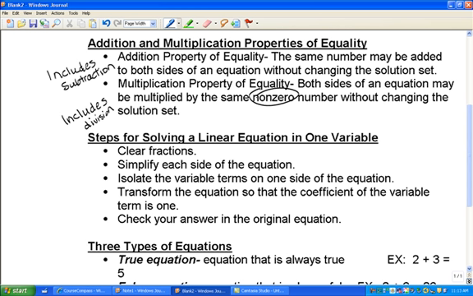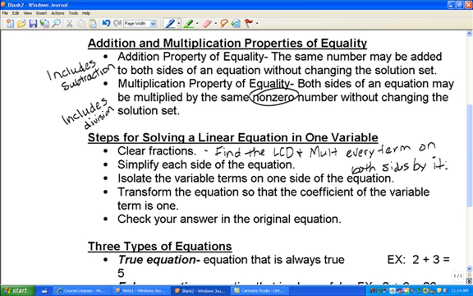Now, the way this is done is find the lowest common denominator and multiply every term on both sides by it. So once we find the LCD, we multiply every term on both sides by it.